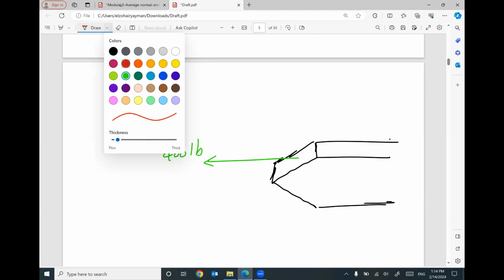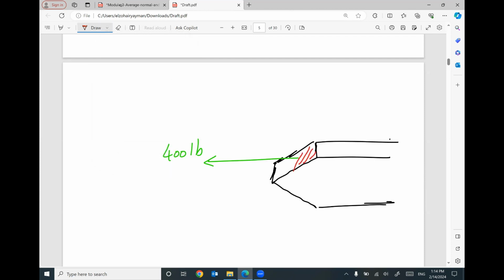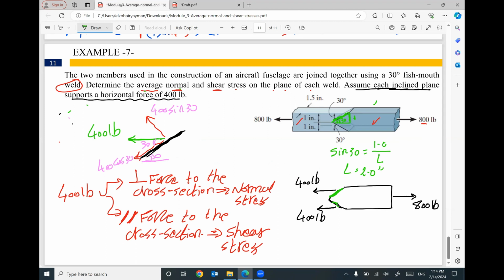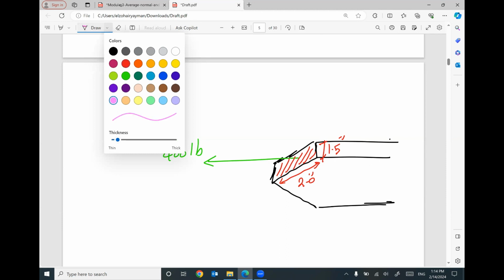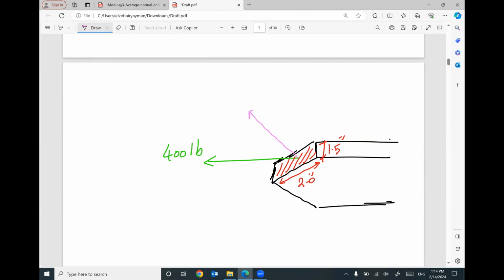First of all, the area of this cross section equals 2 inch by 1.5 inch. I figured out this 2 inch using the right angle triangle. That makes sense? Second, keep in your mind, this force 400 will be broken into two components, one perpendicular, 400 sine 30, and another one here, 400 cosine 30.